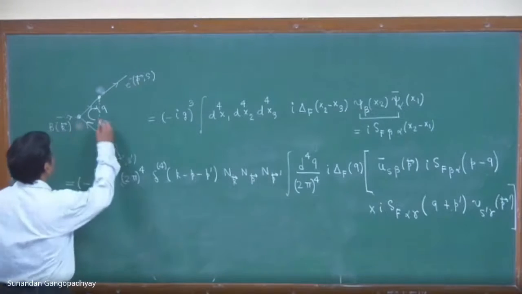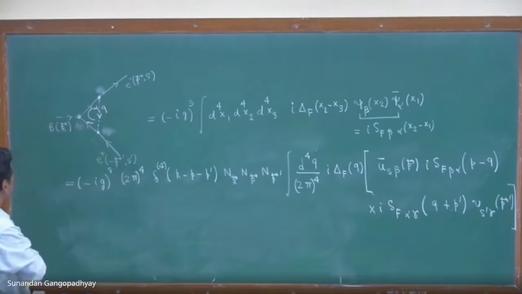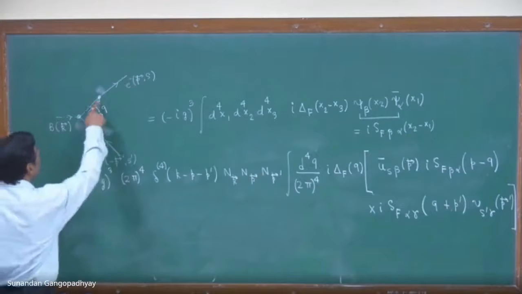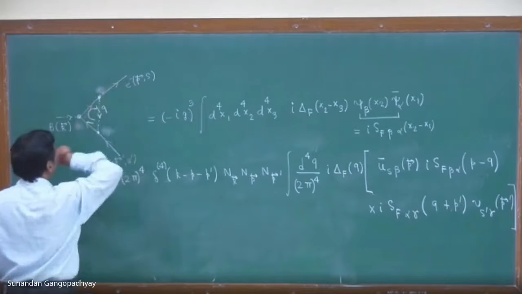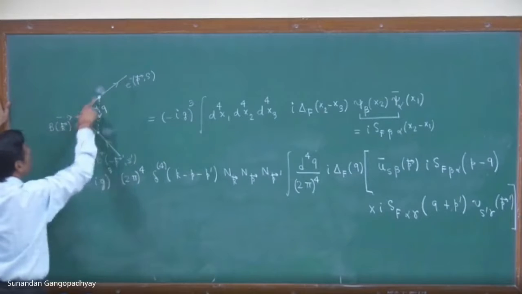I call this Q, say. So this is Q, and this is P. Both are, so something coming in, something going out. So what should be this momentum?